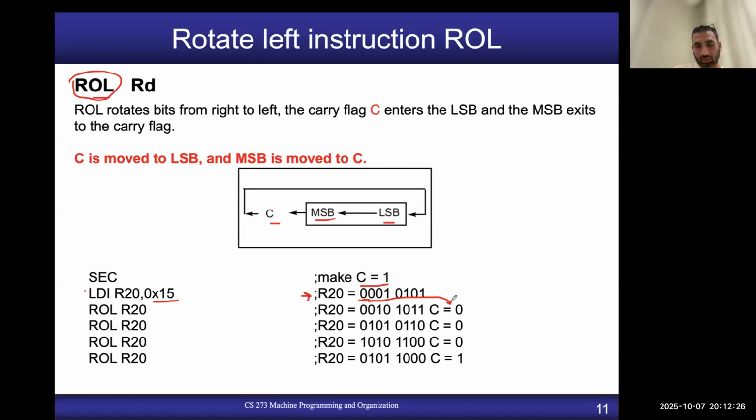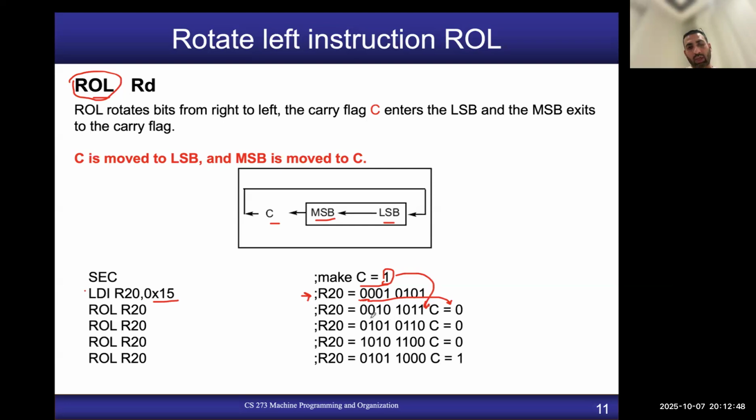And your carry goes into the least significant position, right? So what was carry? The original carry was 1, this one here. It goes to the least significant position, and all other bits in between are moved one position to the left.